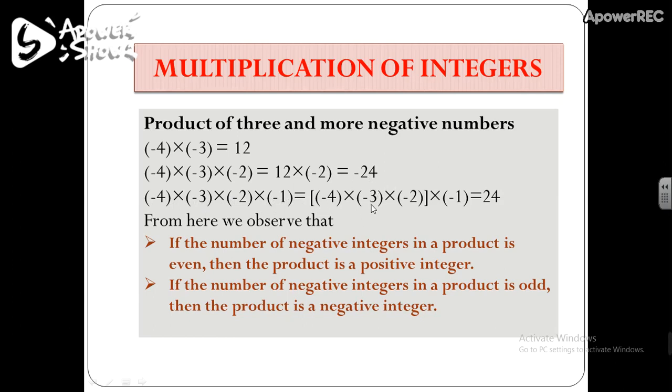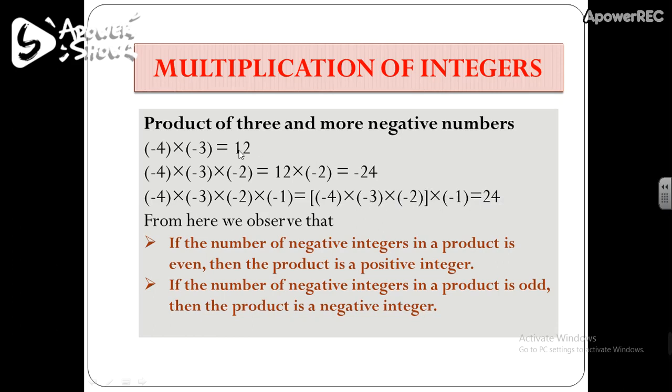So here we are multiplying minus 24 and minus 1. Minus 24 is a negative integer, minus 1 is a negative integer, so just multiply 24 and 1, which equals 24, and since the product is obtained by multiplying two negative integers, we put the plus sign before 24.